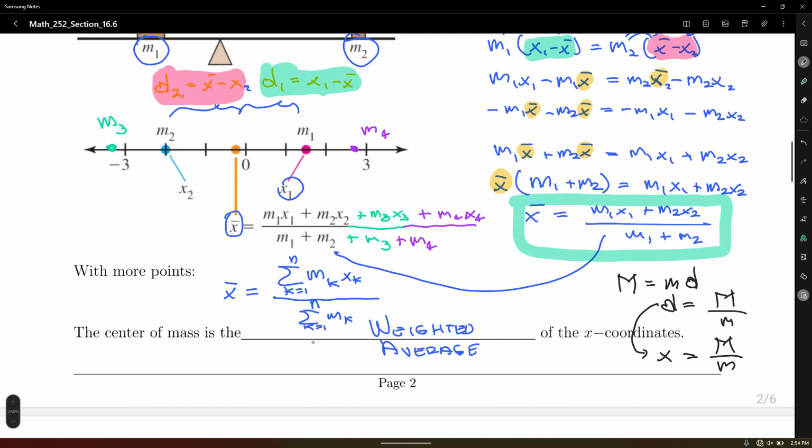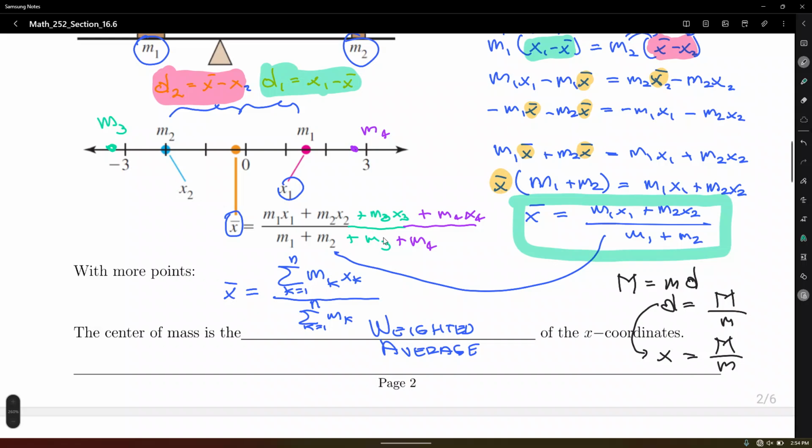Also, this formula is used to calculate the grade in a class. For example, our class goes with attendance, quizzes, exams, homework, and a final exam. Those contribute different percentages towards the grade, so to find the average grade, you would use the weighted average. But in this case, we're applying it to a physics situation.